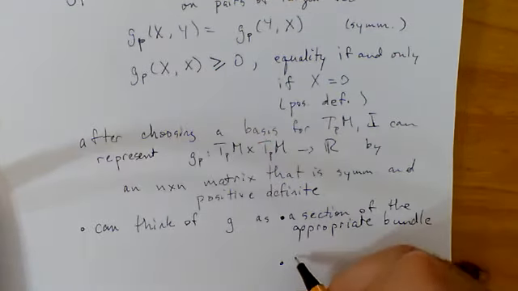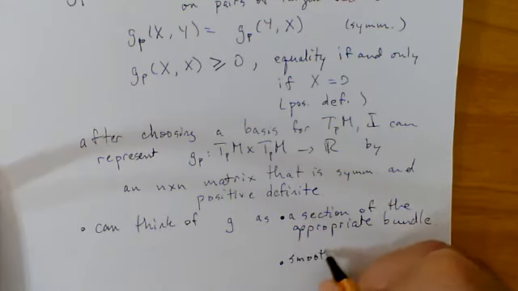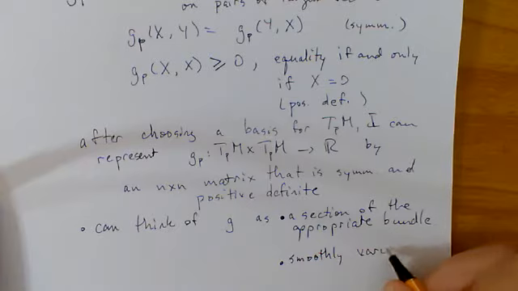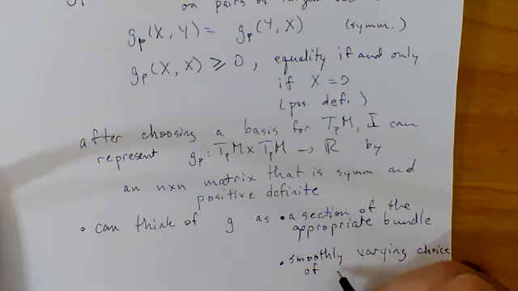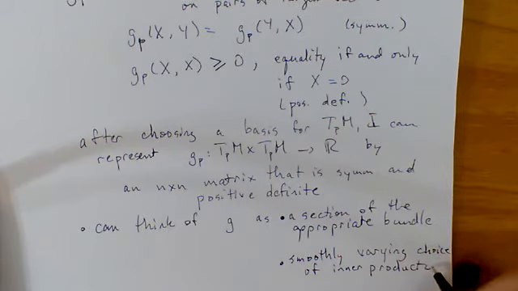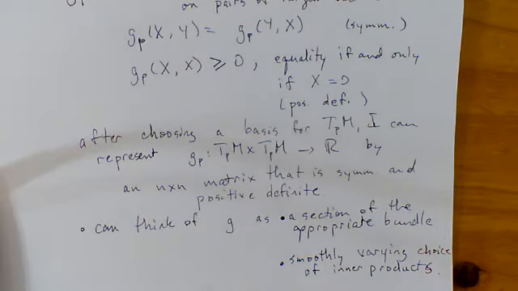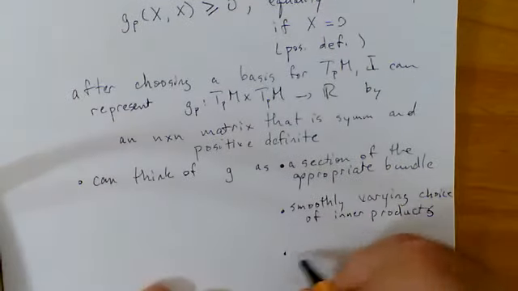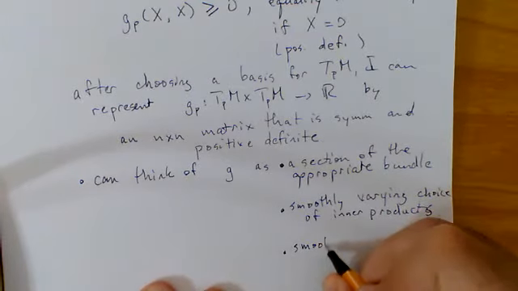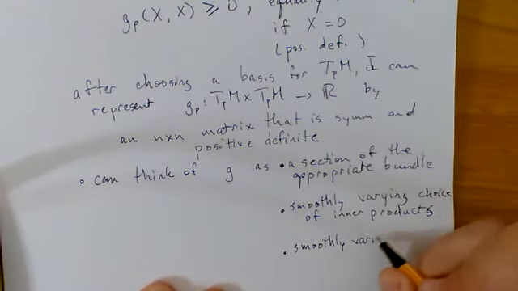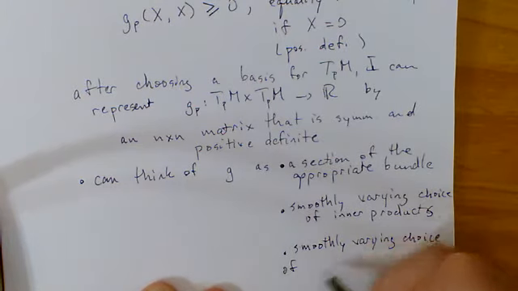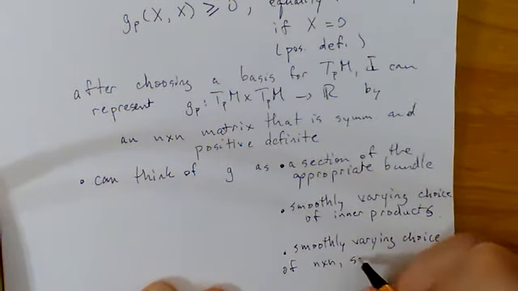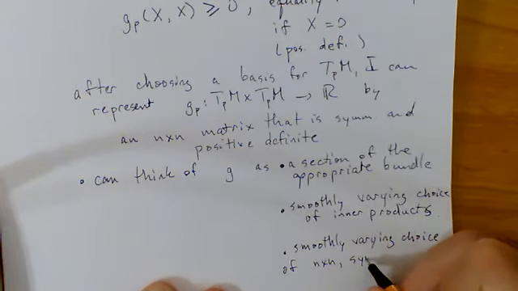You can think of it as a smoothly varying choice of inner products on these vector spaces, or you can think of this as a smoothly varying choice of n by n symmetric positive definite matrices.